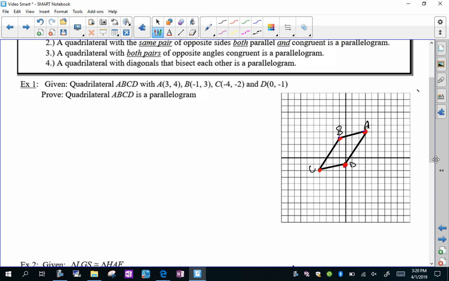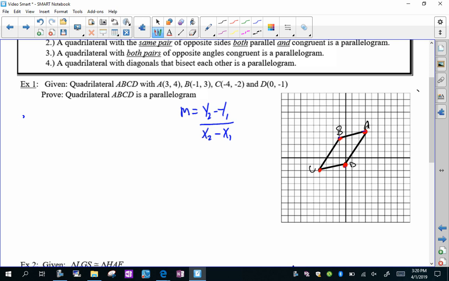One approach is to plug these points into your slope formula. Your slope formula is m equals y sub 2 minus y sub 1 over x sub 2 minus x sub 1, the change of y over the change of x. But I'm not going to do that. I'm going to use a grid, and I'm going to calculate by counting.